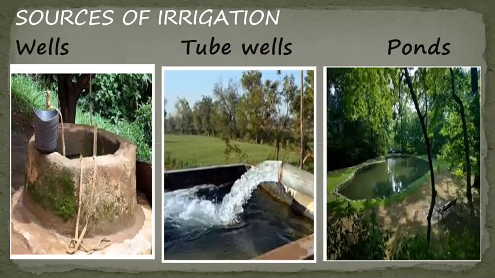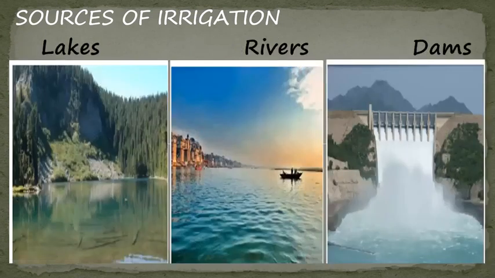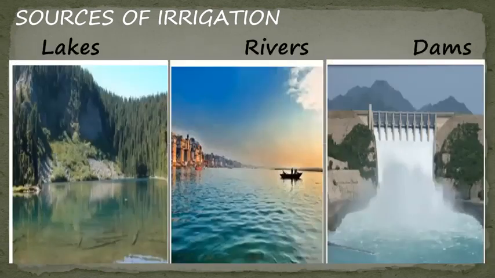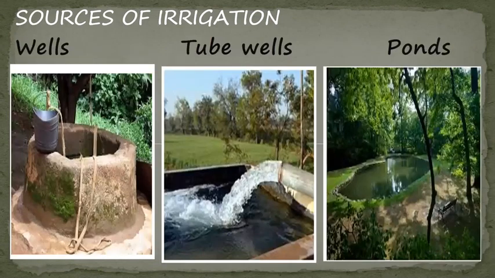What are the various sources of irrigation? The main sources of irrigation are wells, tube wells, ponds, lakes, rivers, dams, and canals. Wells and tube wells are the popular sources of irrigation all over the country. This type is widespread in plains where groundwater is available.